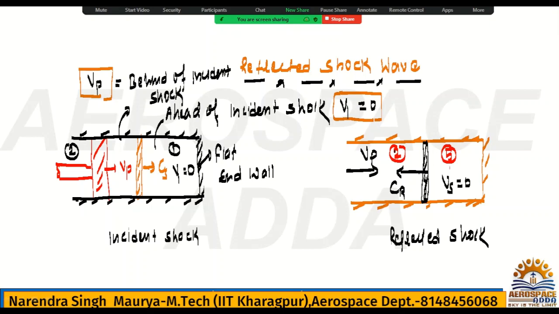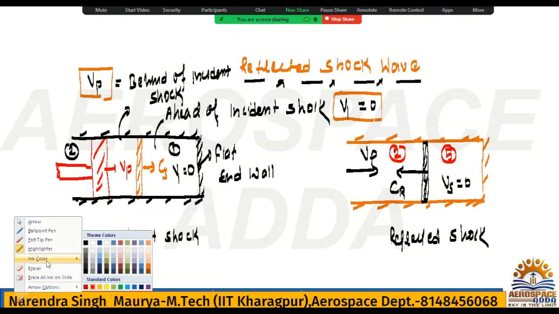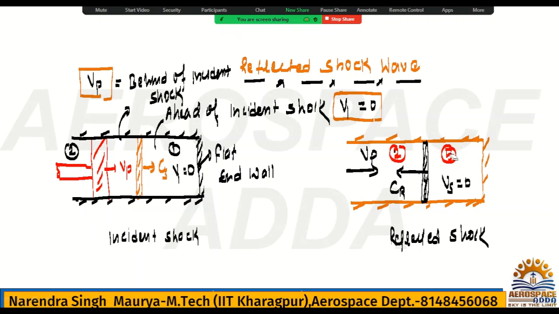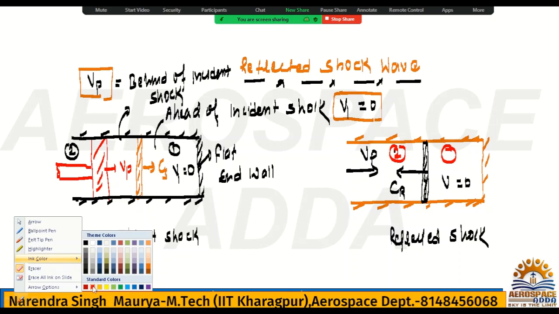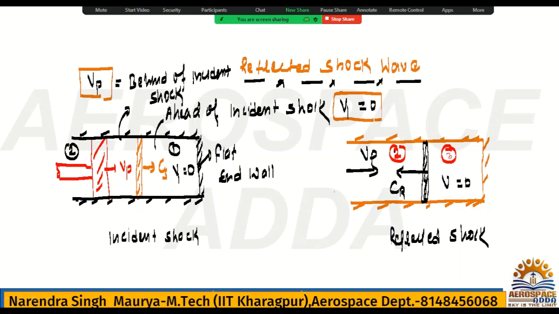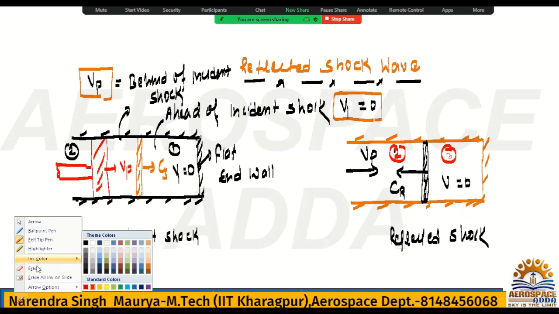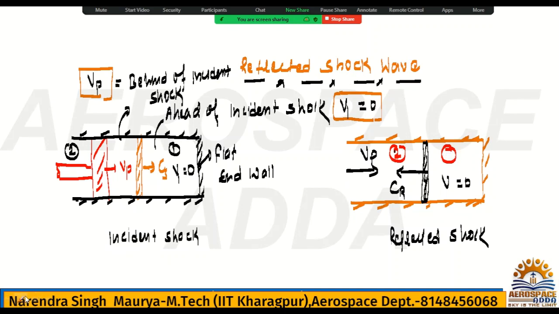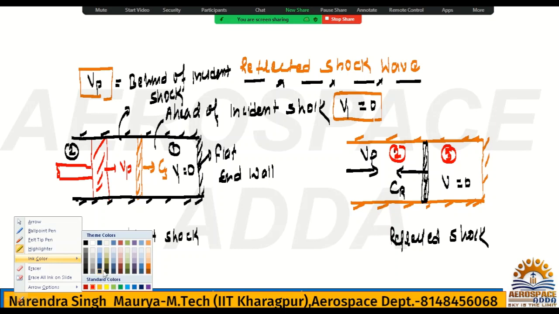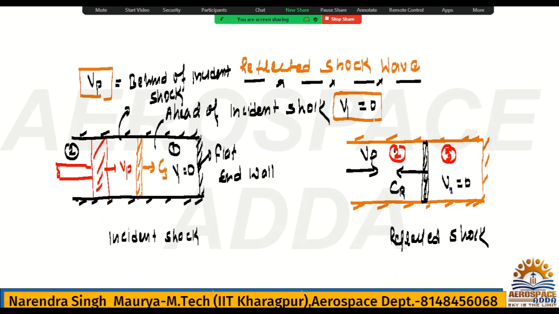So I must say point 3. Three points. So definitely V3 velocity will be 0. Alright, these are the two coordinate systems you have seen, and this is the reflected shock.